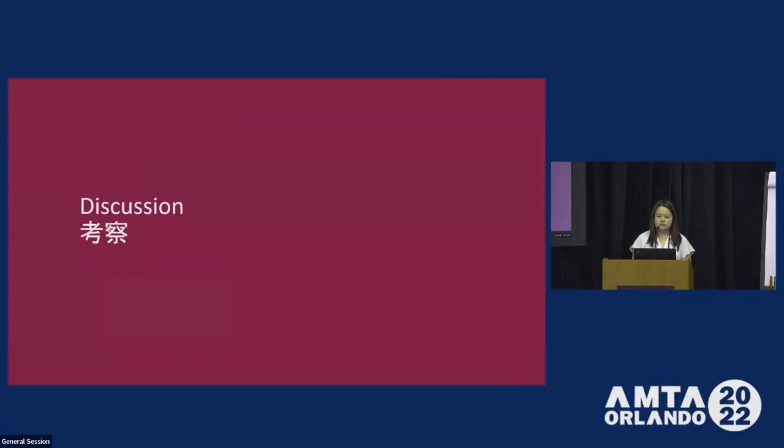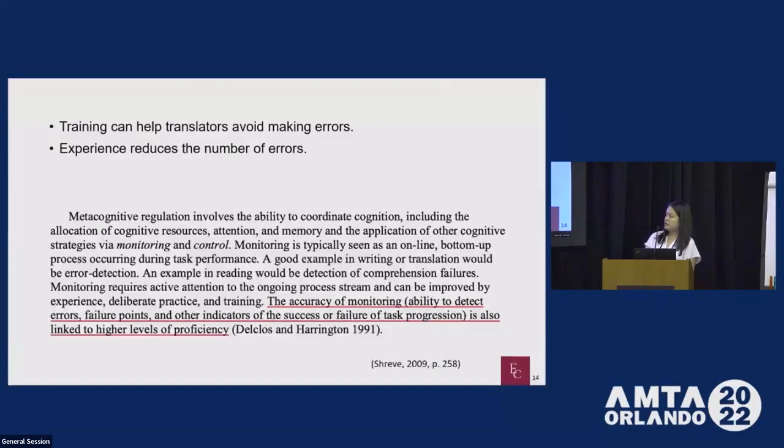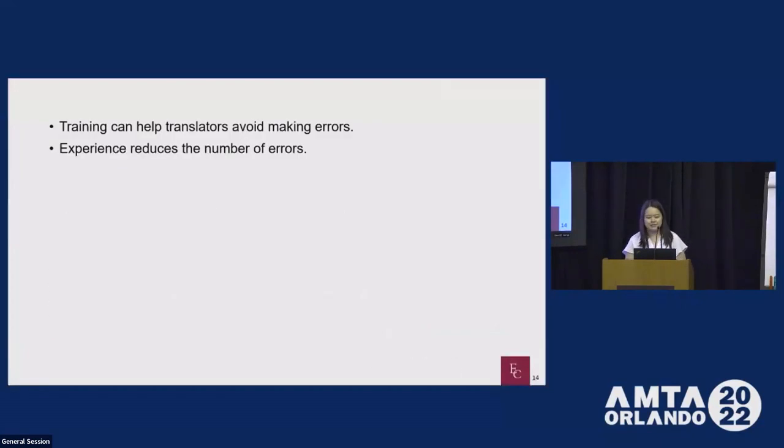This result suggests that training can help translators avoid making errors, at least to a certain extent, but does not necessarily reduce the number of errors when they do make errors.